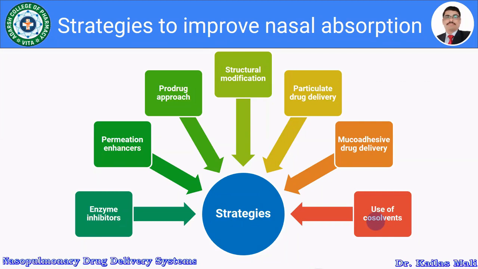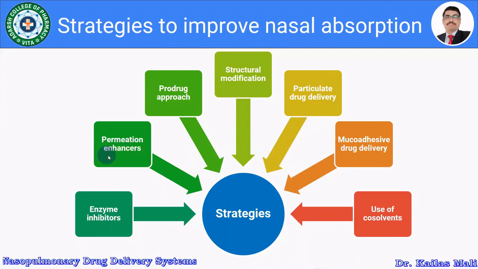We are going to discuss the different strategies like enzyme inhibitors, which are going to inhibit the enzymes and thereby promote the bioavailability of the drug. Then the second one, the use of permeation enhancers.